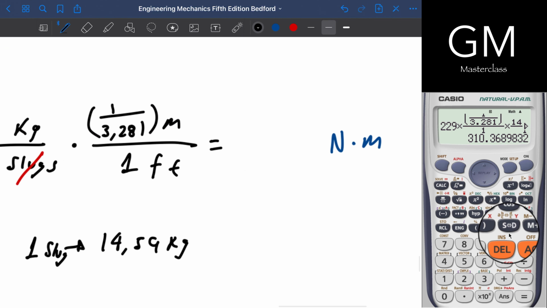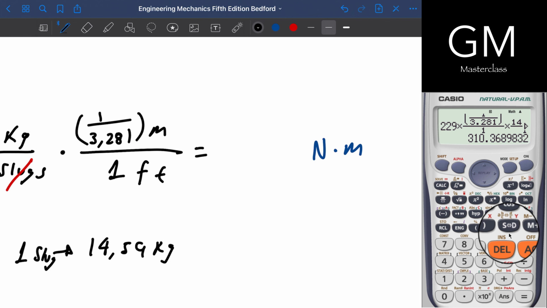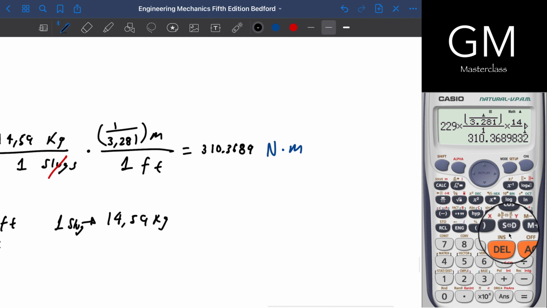And the result is 310.3689 Newton meters.